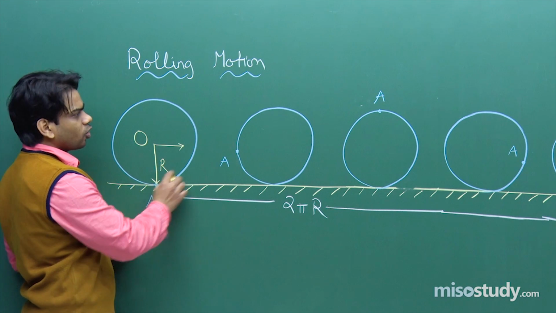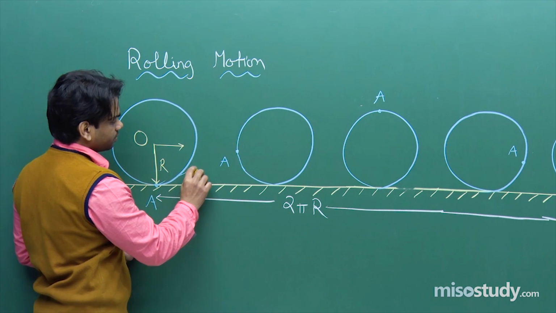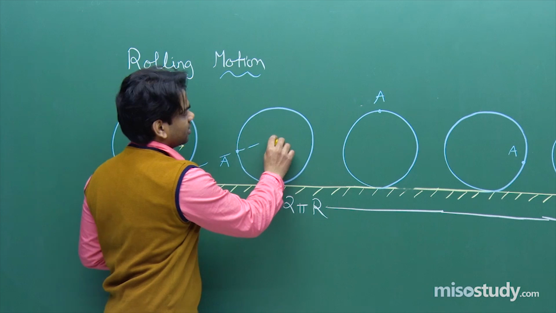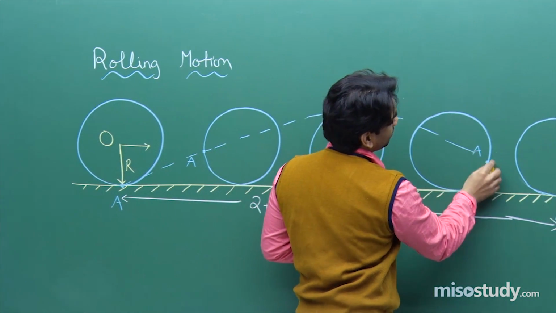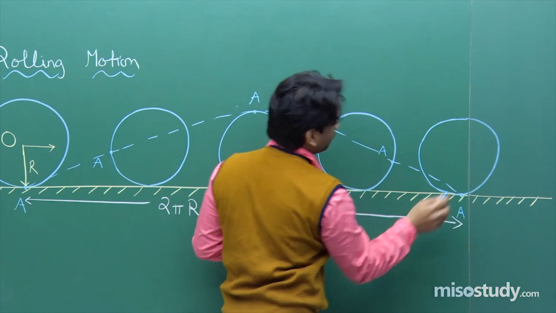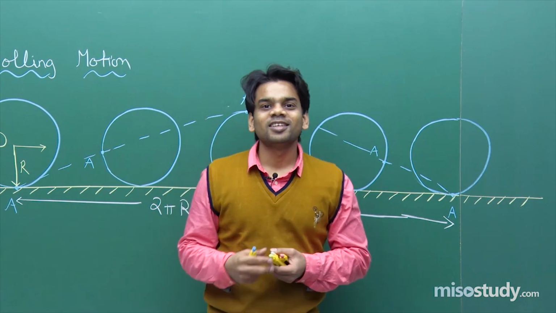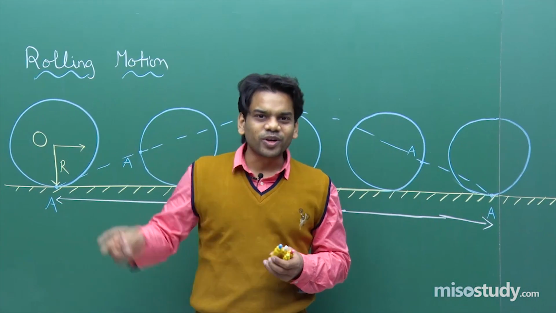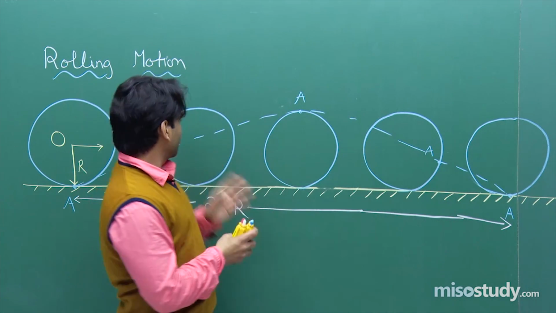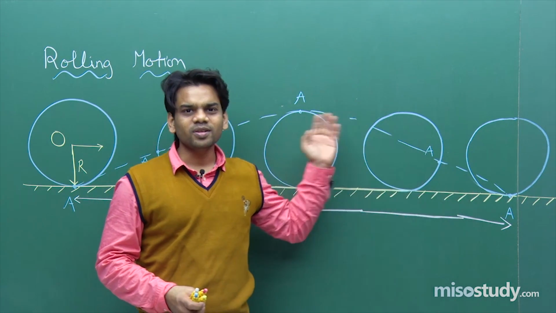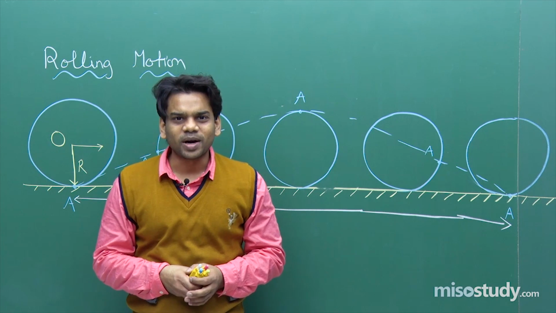If I connect all the positions of A, this is the path which A would have traversed as it moves along the wheel. As the wheel rotates, this path of A would be somewhat like this. This is actually a cycloid-like path.